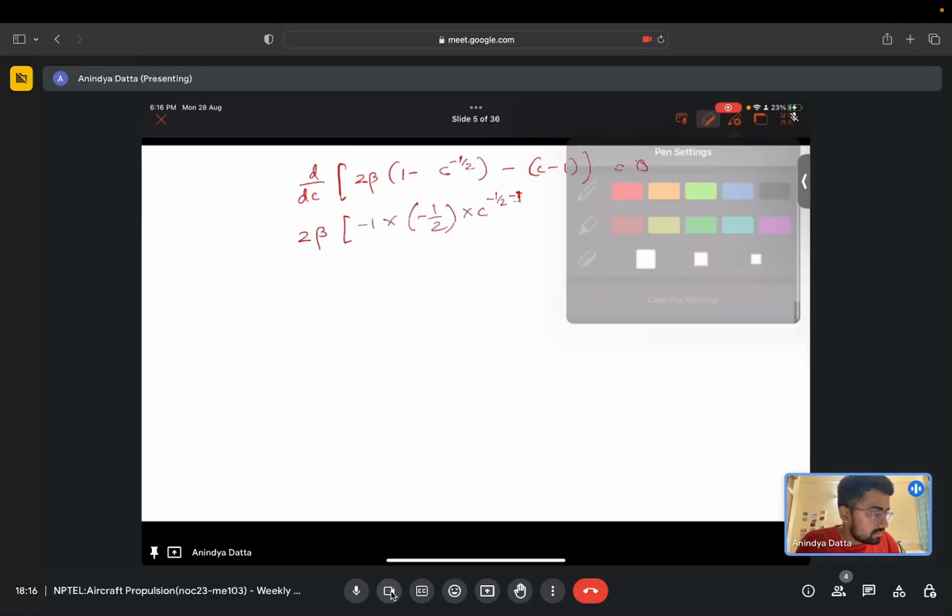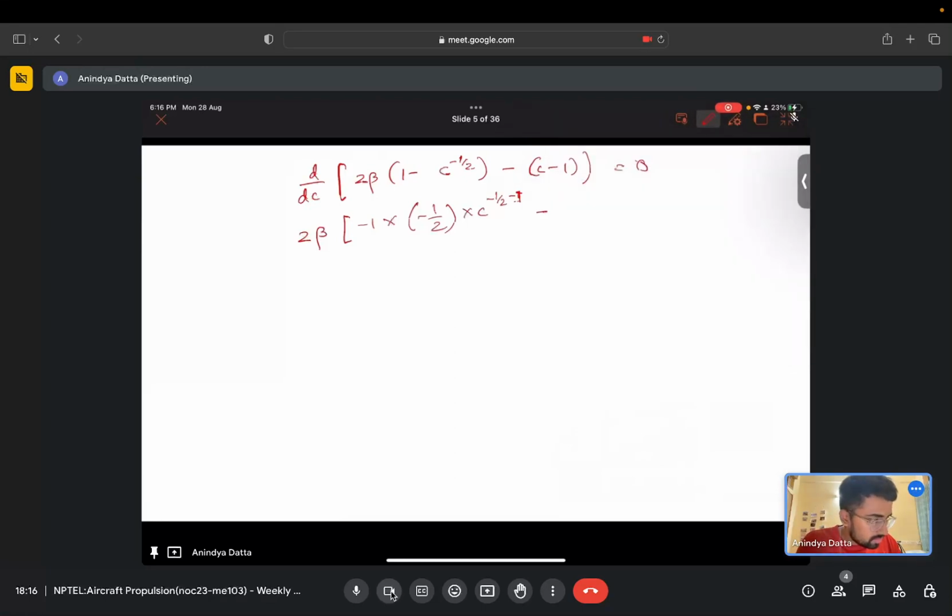For the first term, minus 1 into minus half, into C to the power minus 3 by 2, then we have minus 1, equal to 0. So this comes out as 2 beta times half into C to the power minus 3 by 2 equals 1. So this is beta C to the power minus 3 by 2 is equal to 1.